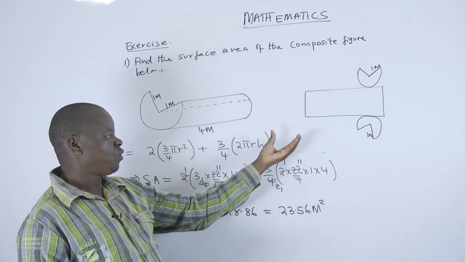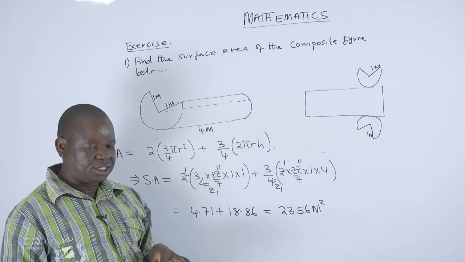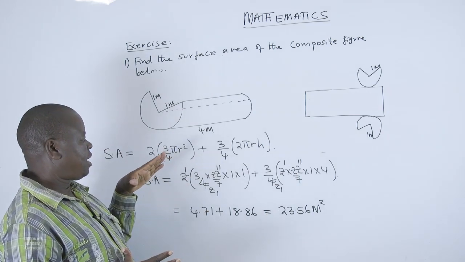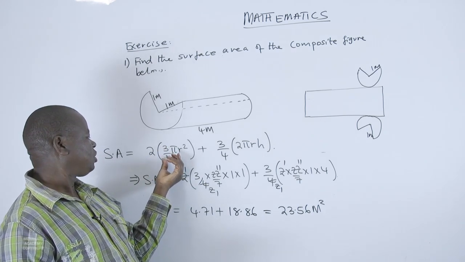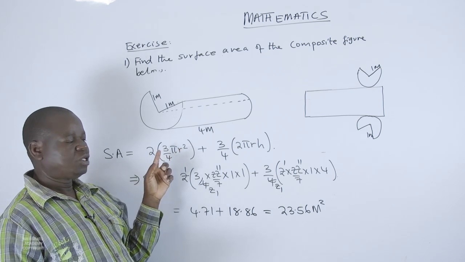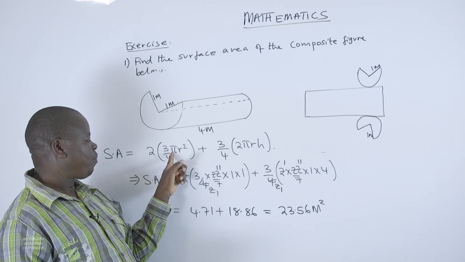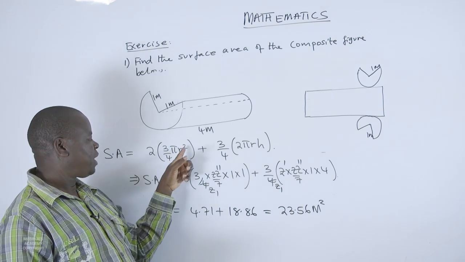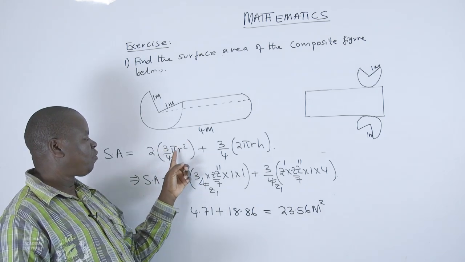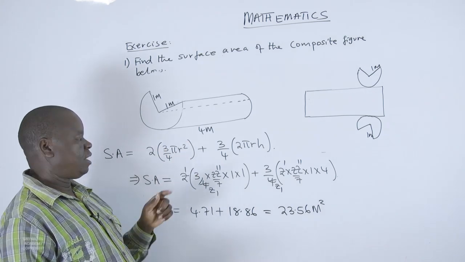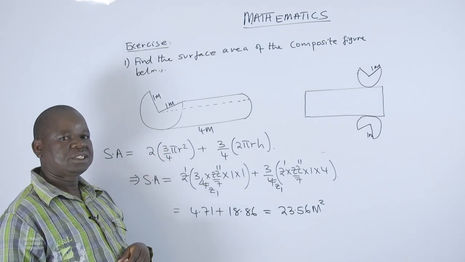So from the information we have from the net, we can now appreciate that the area of the 3/4 of the two circles are 2 into 3/4 multiplied by pi r squared, where pi r squared is the area of the circle, 3/4 is 3/4 of the circle, and then because they are 2, we multiply by 2. That's why this 2 is outside the bracket.